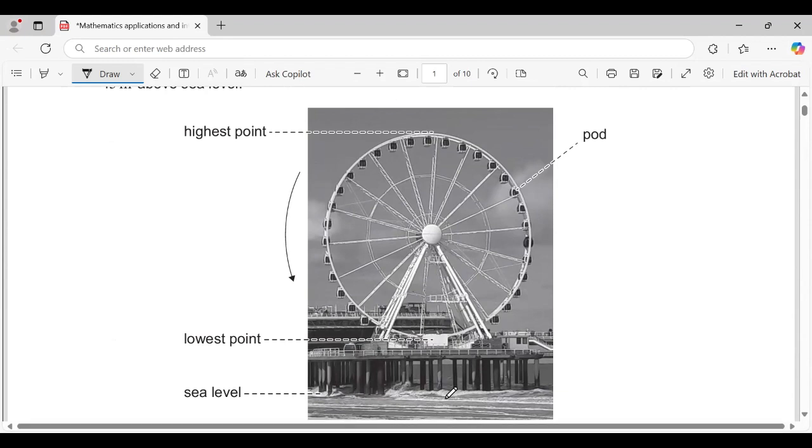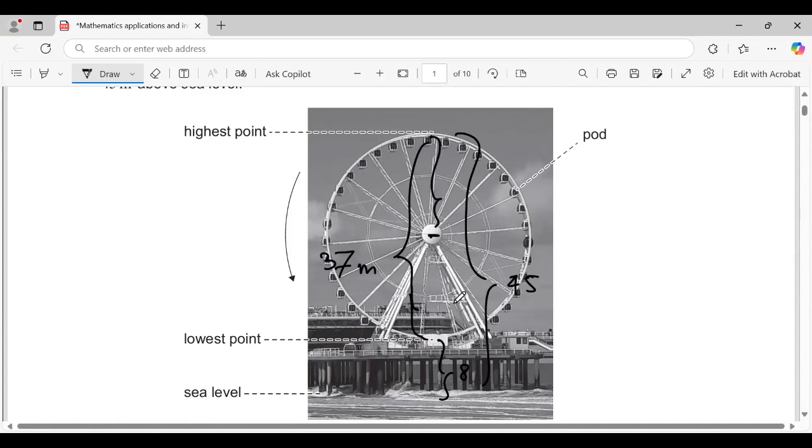From sea level to the highest point is 45, and from sea level to the lowest point is 8. So the difference is 45 minus 8, which is 37 meters.